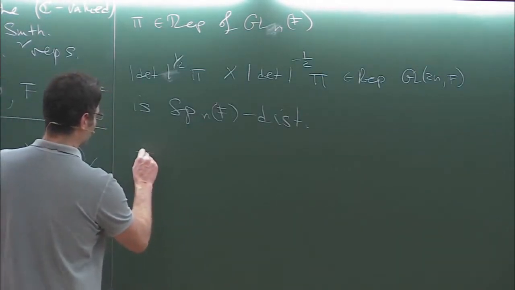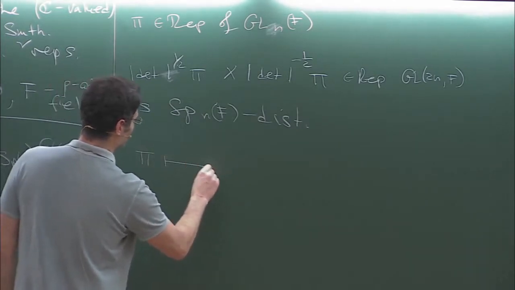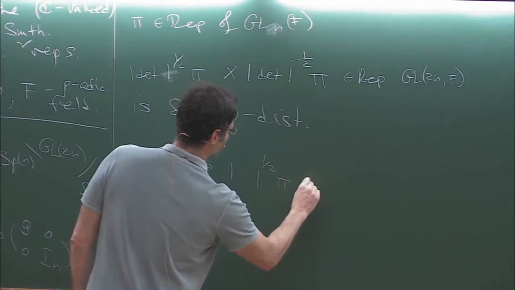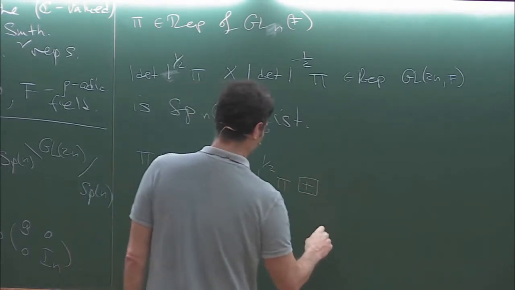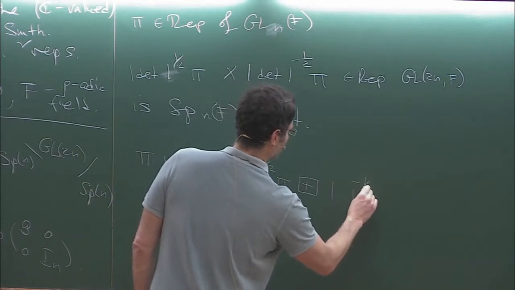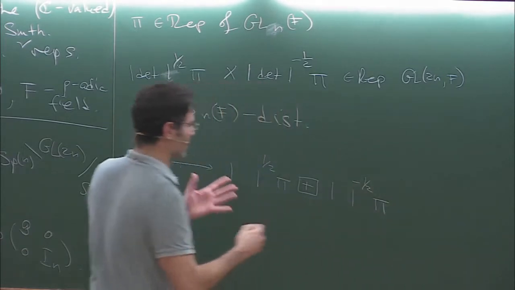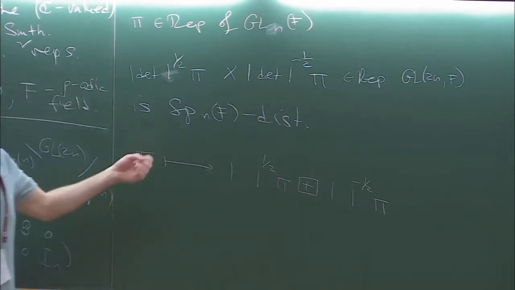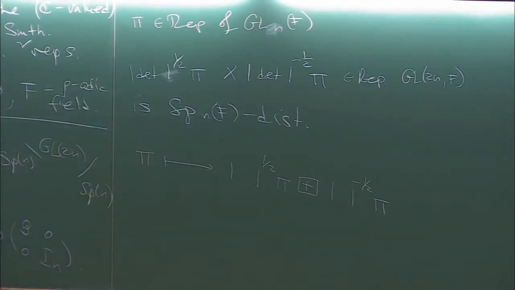So the lifting is a map from pi to what is sometimes denoted as the isobaric sum of these two representations. So it has an analog, of course, in the global context, where this lifts to residues of Eisenstein series. In the local context, it's just the Langlands quotient.